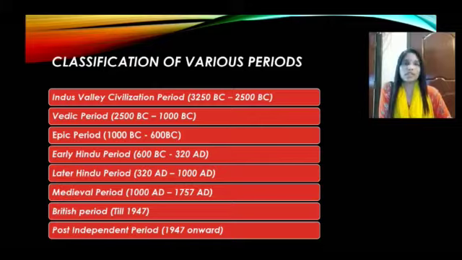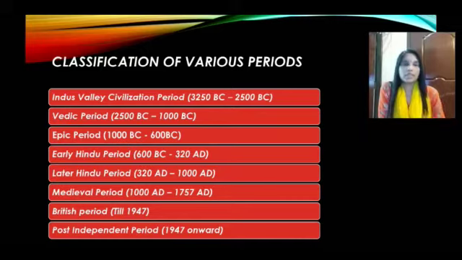Indus Valley Civilization period, that is from 3250 BC to 2500 BC. The second period is the Vedic period, from 2500 BC to 1000 BC, and the third one is the epic period, from 1000 BC to 600 BC, and then the early Hindu period, 600 BC to 320 BC, and the later Hindu period, 320 AD to 1000 AD.